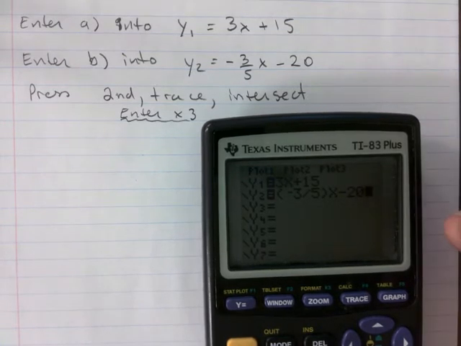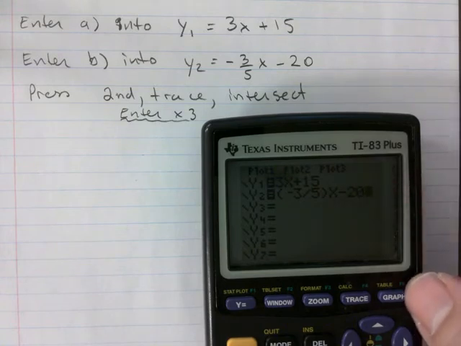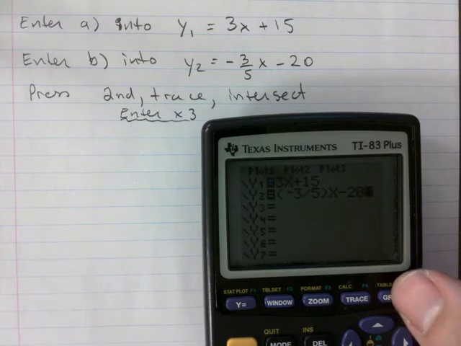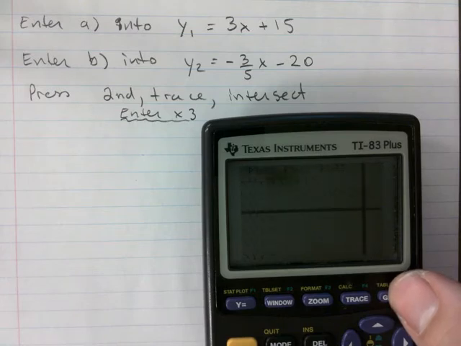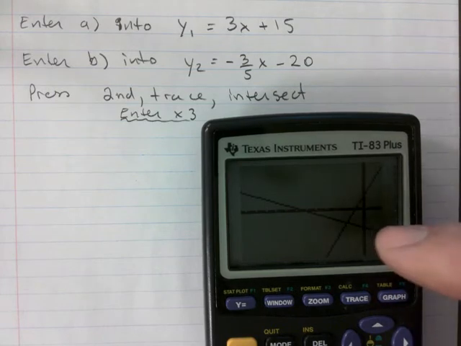You have them both, right? And then hit graph. And I'm going to keep the window the way it was because I have a pretty good feeling that it's going to be okay. So if I hit graph now, I see the first one and I see the second one. Perfect. I want to see where they meet.